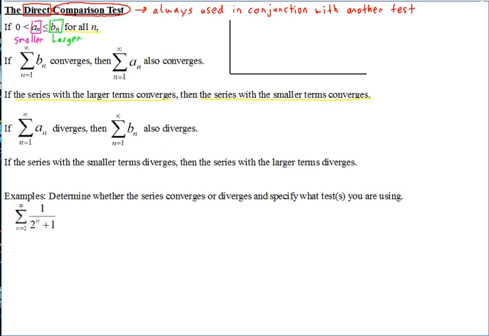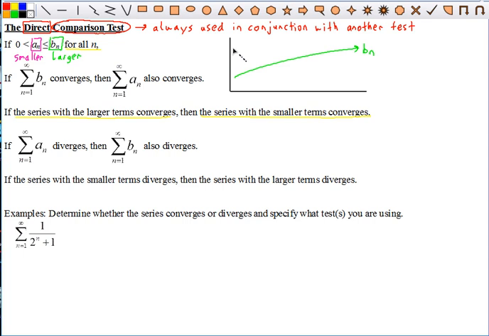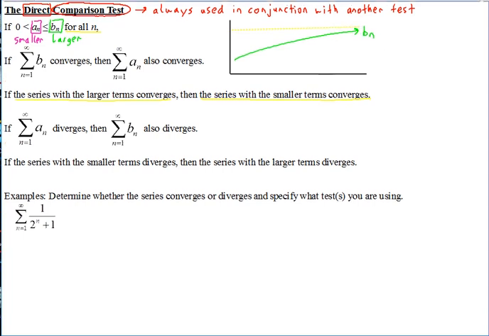As we head off to infinity, if we know the series with the larger terms converges, so let's say that's our b sub n, in order to converge as it heads off to infinity, it has to approach a specific limit. So visually that would be like having a horizontal asymptote approaching some limit L.